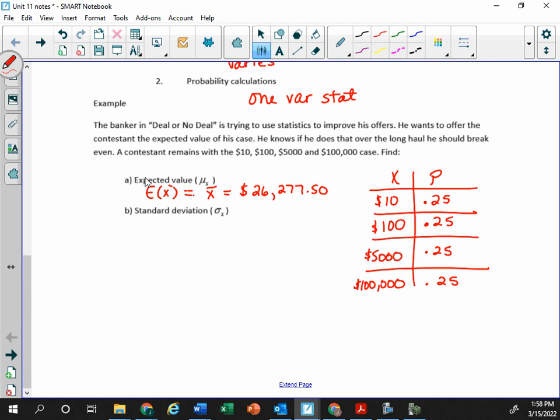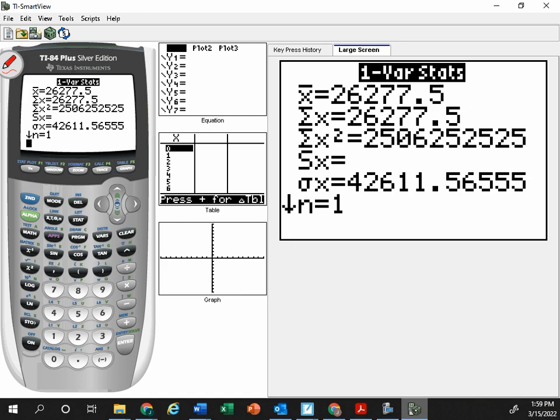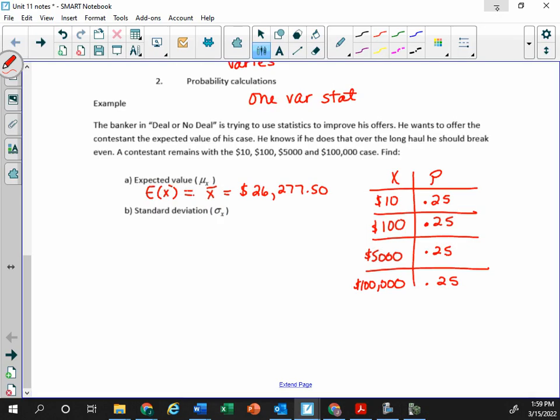Now, the standard deviation, I think, is harder to sort of visualize than the expected value, but you had that on your calculator. So, guys, what number up here is our sigma? Sigma. Good job, guys. Not a trick question. So, 42,611 and 57 cents.